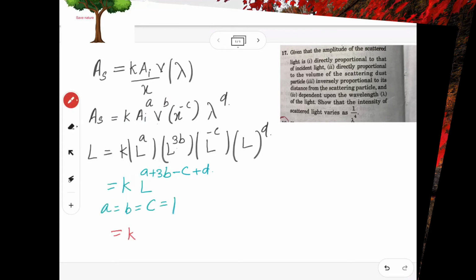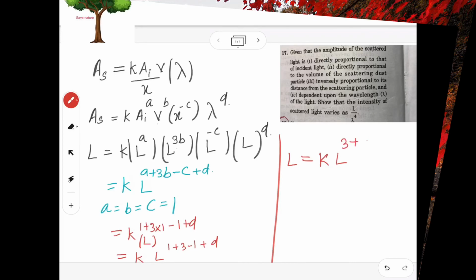K times L raised to 1 plus 3 into 1 minus C, which is also 1, plus D. That is the power of L, which is equal to K times L raised to 1 plus 3 minus 1 plus D, that is 3 plus D. So L equal to K times L raised to 3 plus D will be coming. Minus 1 plus 1 cancelled.